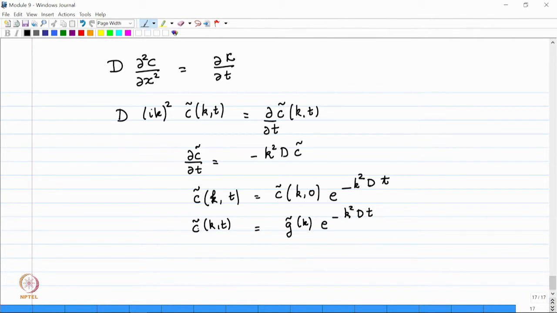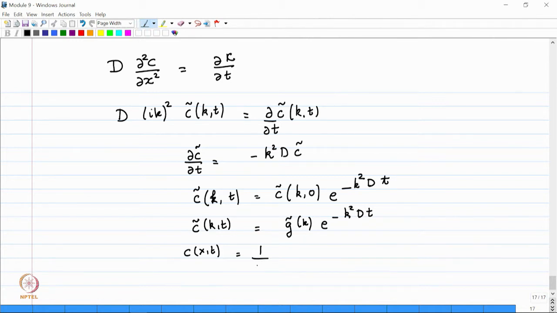Okay. So, we have c tilde of k, t equal to g tilde of k times e to the minus k² d t. Now, if I wanted to calculate c of x, t, this is the inverse Fourier transform of this.